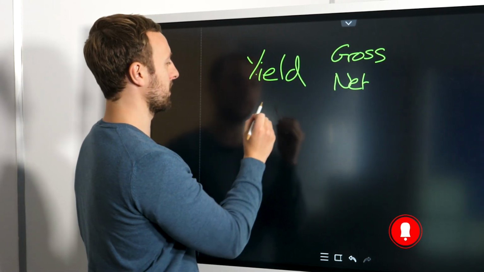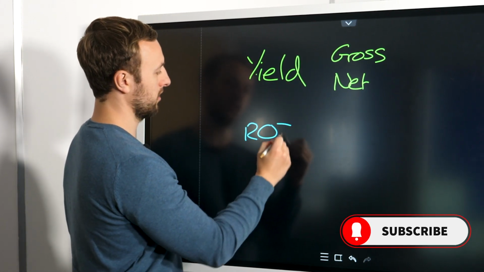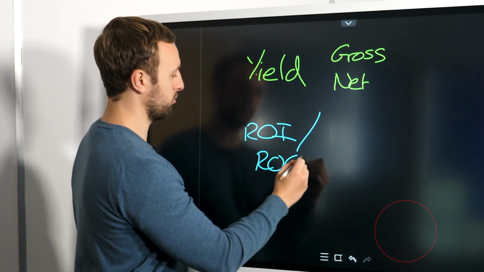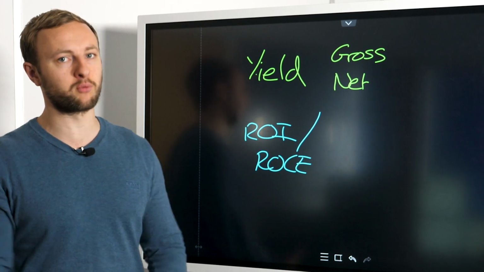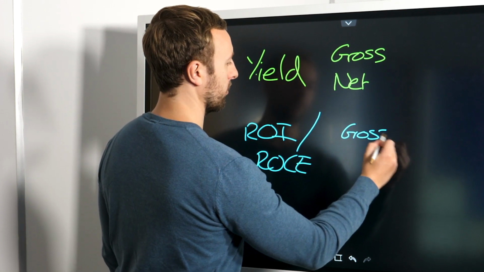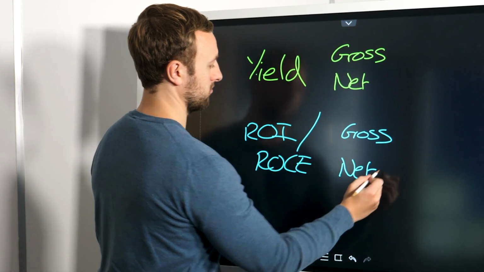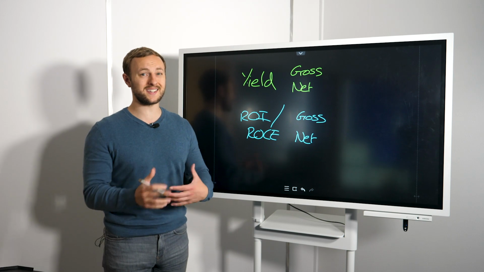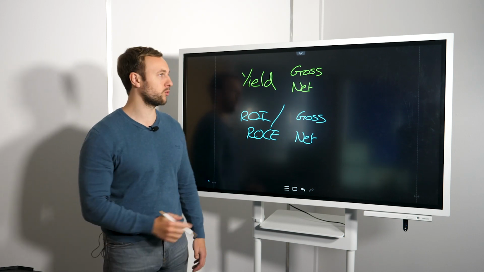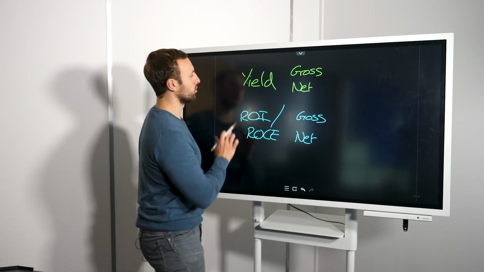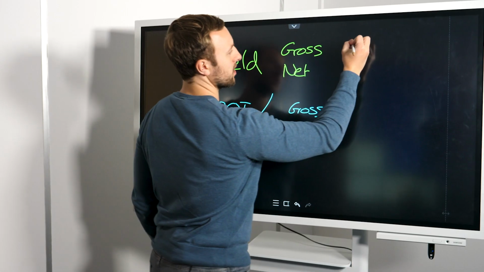And then if we went to ROI, which is return on investment, or ROCE, pretty much the same thing in property. Again, you've got your gross or your net. Now, I'm going to aim this at property investment, but also if you're not in property, this is how you approach investment in general.